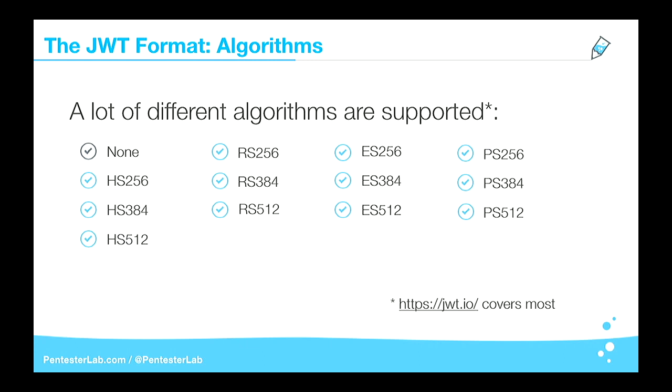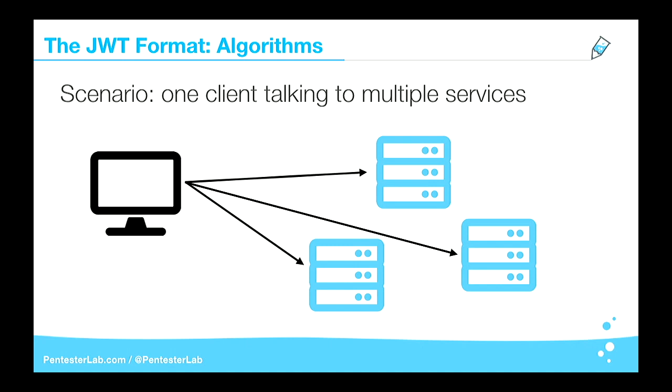A lot of different algorithms are supported: HMAC, RSA, elliptic curve, RSA with some weird padding, basically RSA but with a different padding method. And this guy, none. We're going to get back to that in a minute.